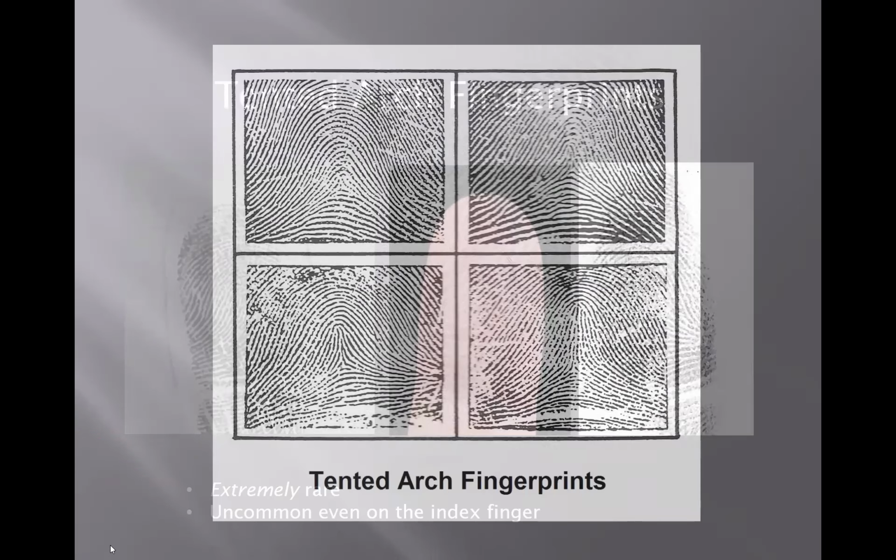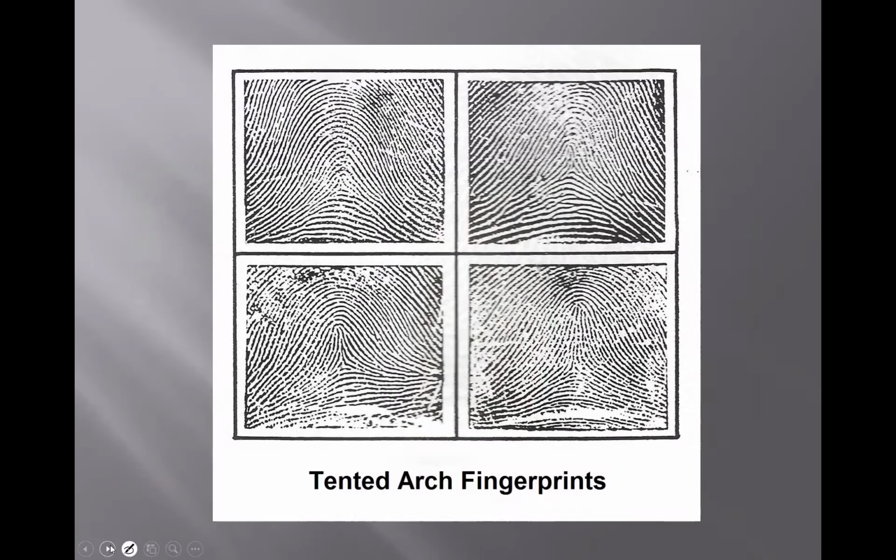So here are some examples of tented arches. Again, we've got clear examples of this thrusting apex going up into the fingerprint, with the ridges going over the top. Sometimes that apex isn't particularly high, as you can see here, but what you've got there is a little triangle, which is why this is not an arch.